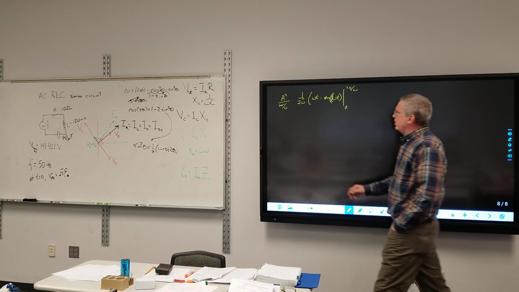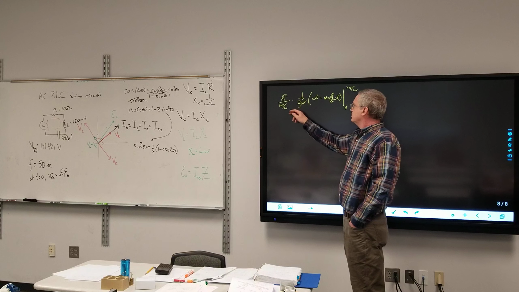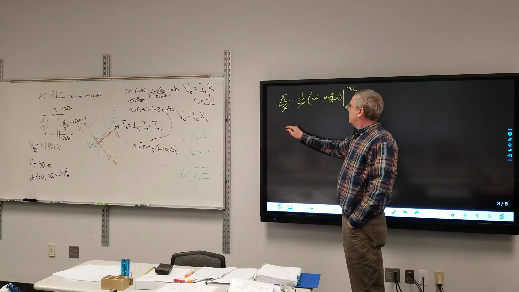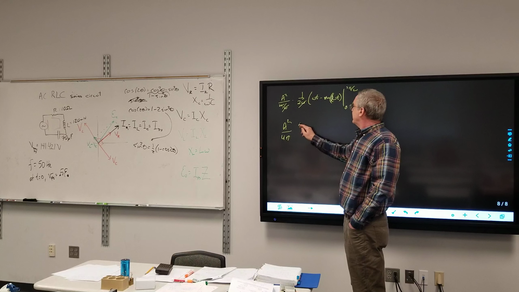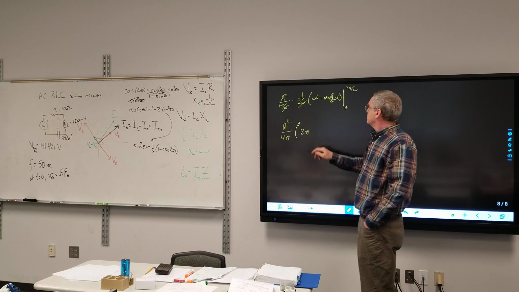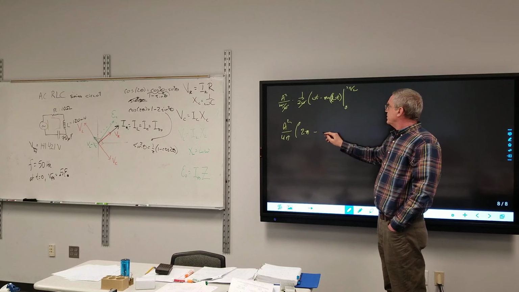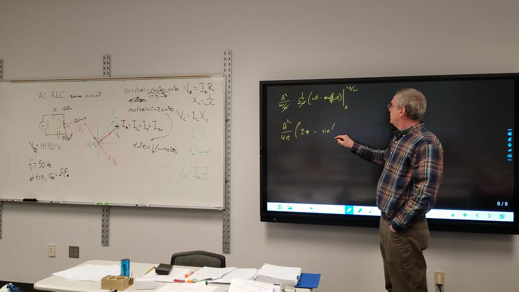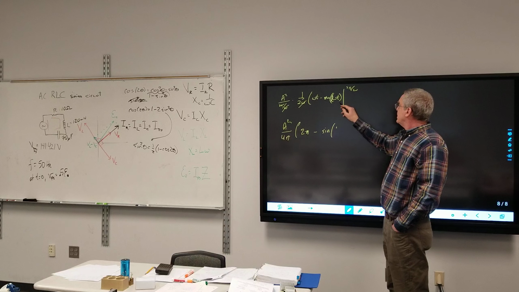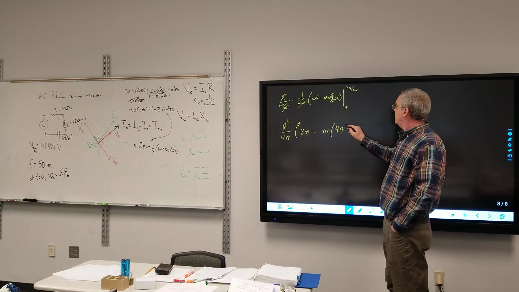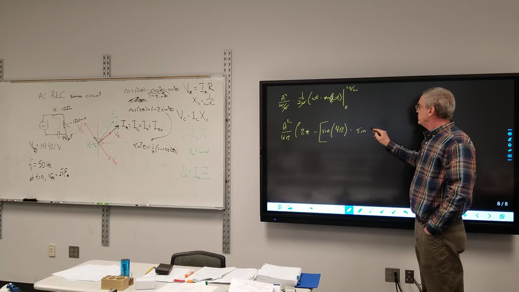So my omega cancels out with that omega. So I have a squared over 4 pi times 2 pi, because I put that in for t, minus sine of, let's see, put that in for t, we end up with 4 pi, minus the sine of 0.